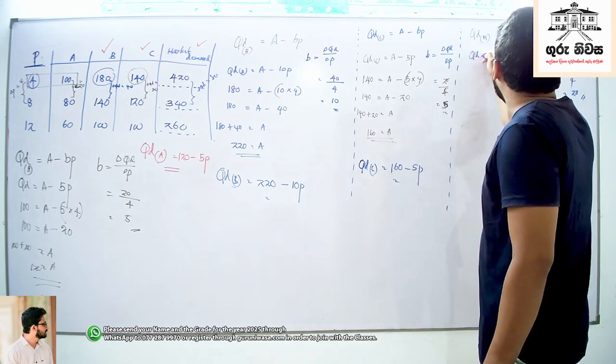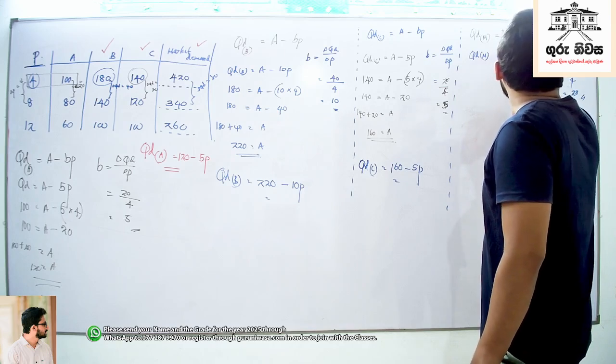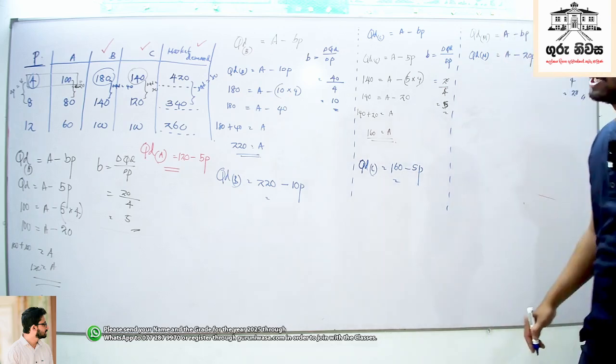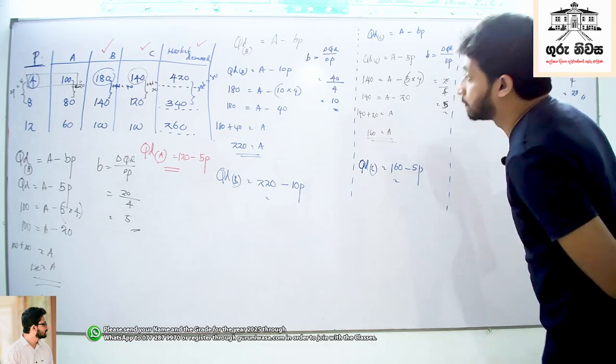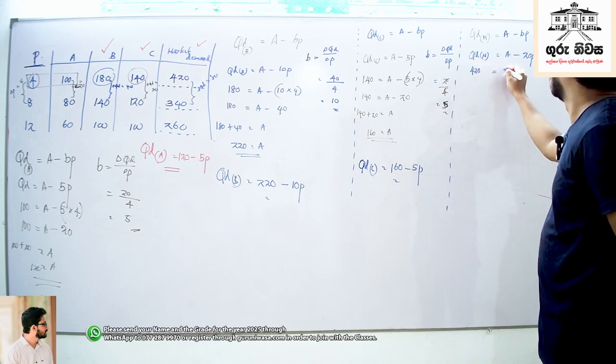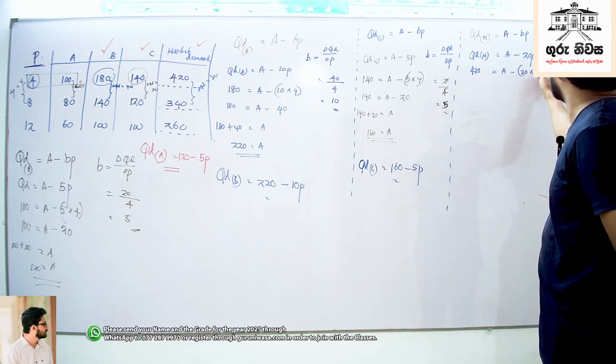Then QDM equals A minus 20P. You can choose any point. I'll choose the first point. At the first price, demand is 420 units, equals A minus 20 into price, which is 4 rupees.